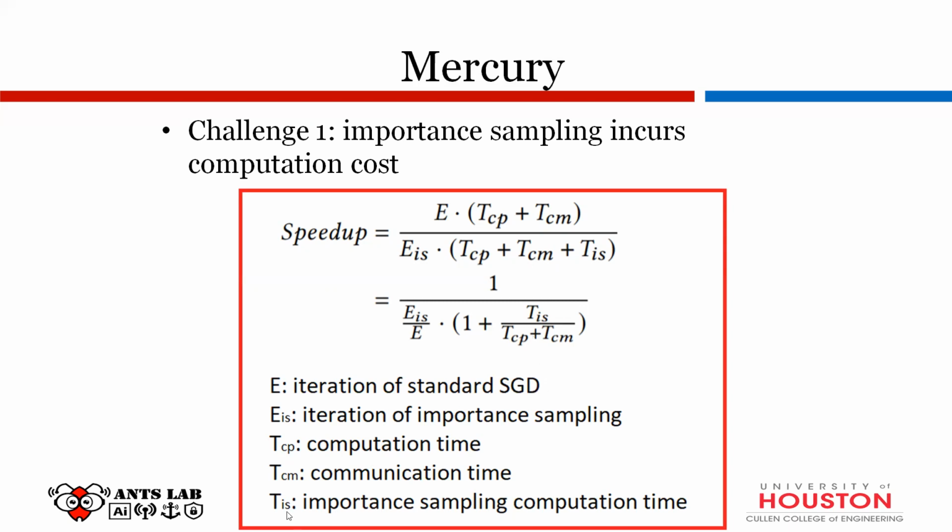If this importance computation and sampling time is too high, it will overshadow the benefit of reducing the iterations needed. So we must make sure that this computation and sampling cost is low enough.